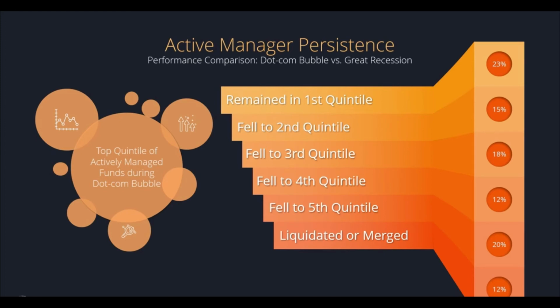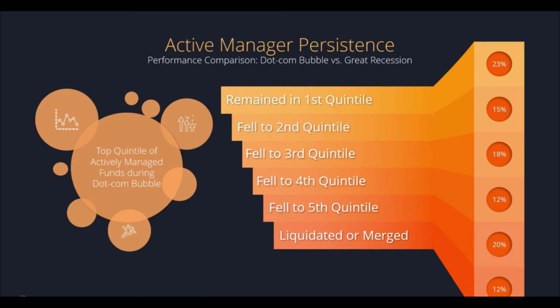This is going into that argument that I just mentioned a moment ago, which is that some managers have to be avoiding risk more often than others. So let's look at the top performers from the previous bear market going into the next bear market. In theory, if those managers were avoiding risk well during the dot-com bubble, they probably would avoid risk well during the Great Recession, right? Well, as you can see here, that's actually not the case.